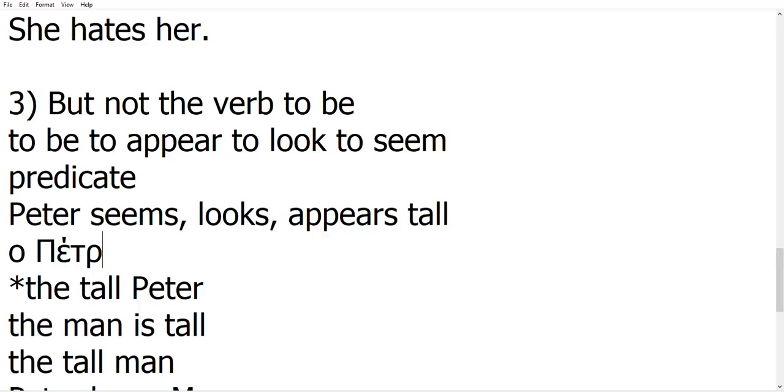Ο Πέτρος είναι ψηλός. So what's happening here? What you notice is that you have here O and S, and you have an S here as well. You did very well, because the point is exactly this. This is a nominative. In these kinds of situations in Greek, you need a nominative.